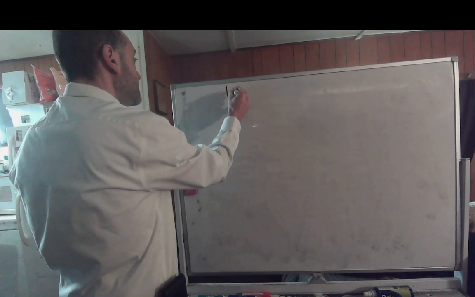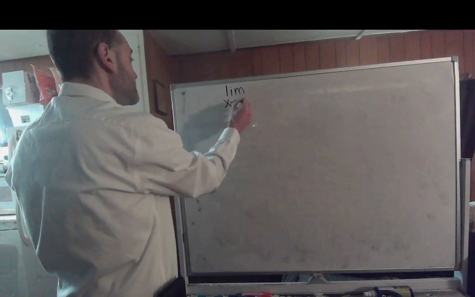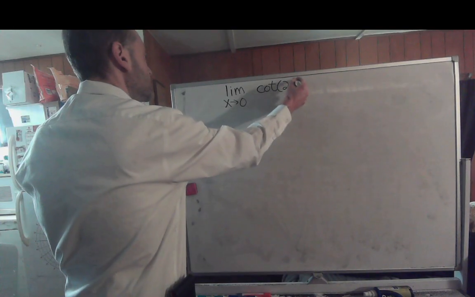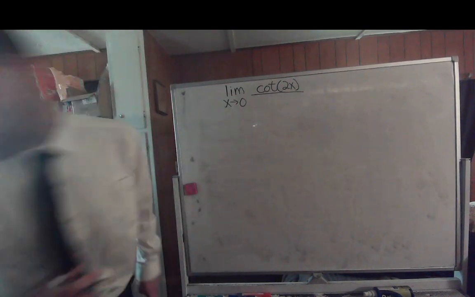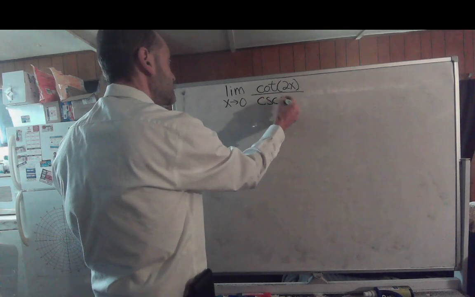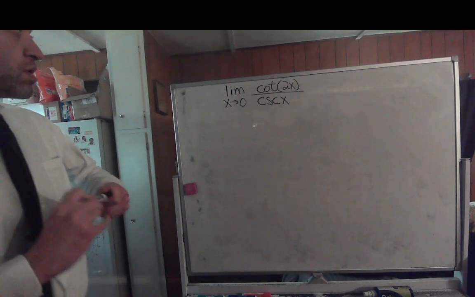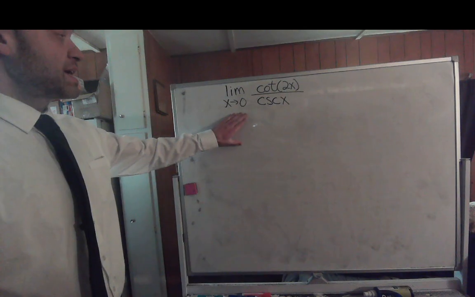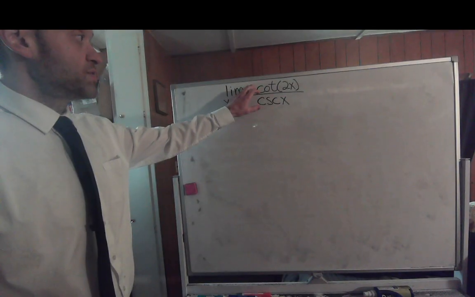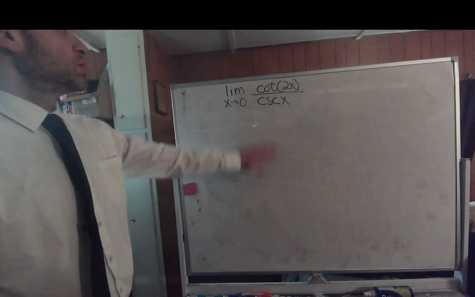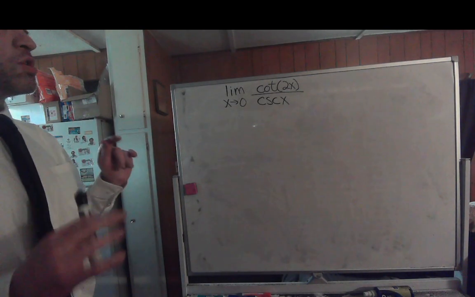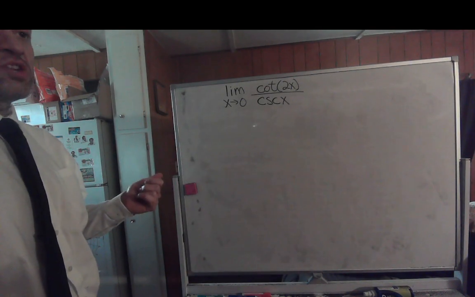We have the limit as x approaches 0 of the cotangent of 2x all over the cosecant of x. Alright, so the limit as x approaches 0 of the cotangent of 2x all over the cosecant of x. Well, we've dealt with sine, cosine, and tangent, right?